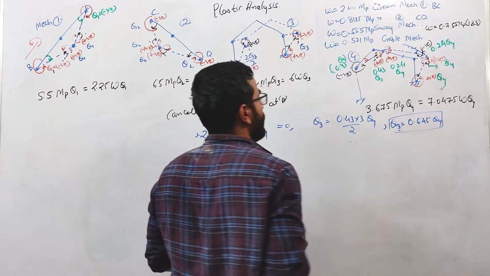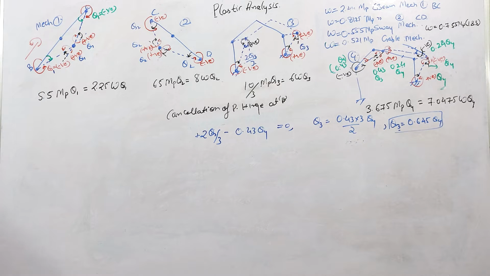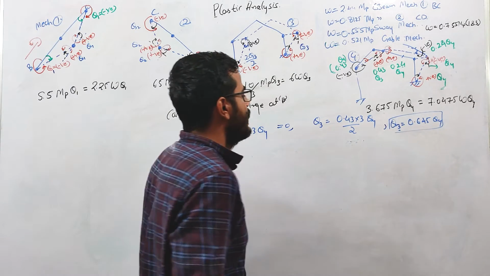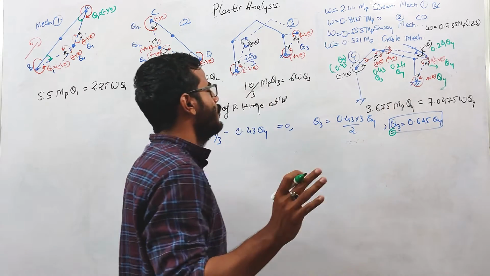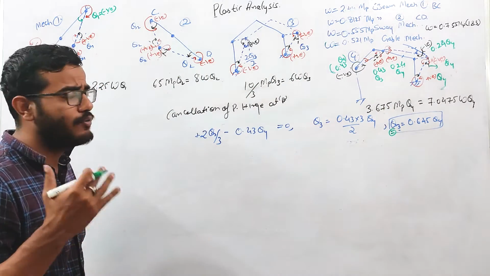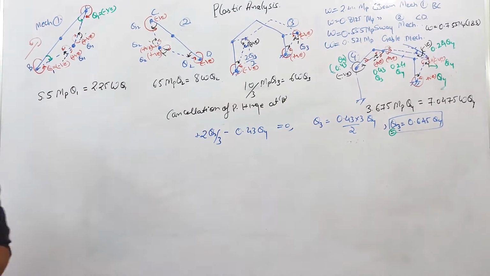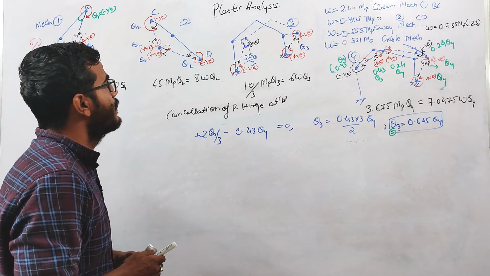By satisfying this condition, there will be no plastic hinge at B. If you satisfy theta 3 equals 0.645 theta 4, then plastic hinge won't form at the B point, right? And these theta 3 and theta 4 are basically virtual displacements, okay?